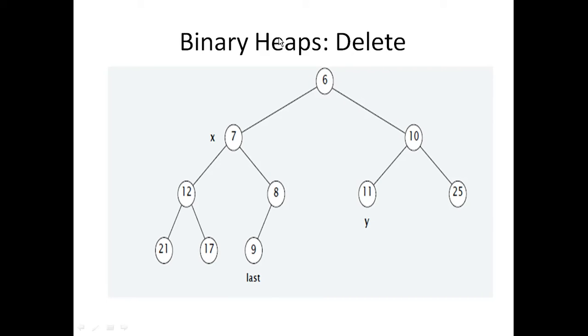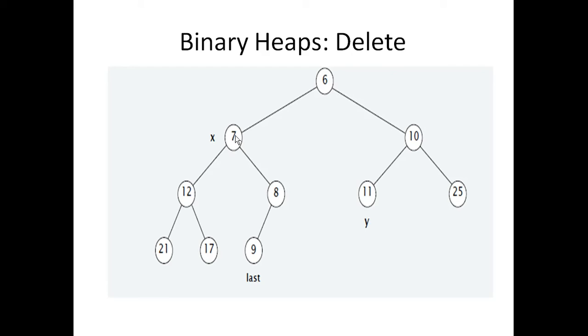Let's say this is the heap that is given to us, and we want to delete the value of this 7. So you have to exchange 7 with the last element, that is 9. So 9 comes here and 7 goes here, then you delete 7 from here. Once 9 comes here, you have to check whether it is still heap ordered or not.